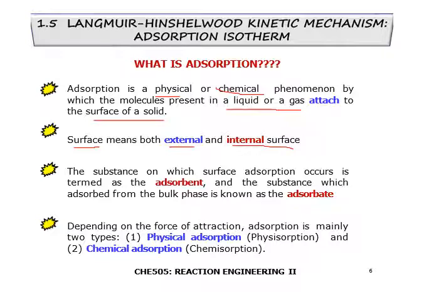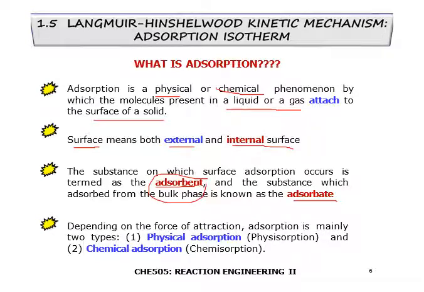Dan dalam adsorption you akan selalu nampak perkataan adsorbent and also adsorbate. So you need to know what is adsorbent. Adsorbent is the substance which surface adsorption occurs. So in this case, adsorbent is the catalyst, whereby the adsorbate is the substance that going to be adsorbed onto the adsorbent.